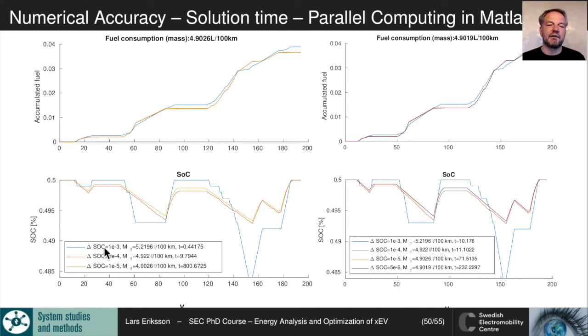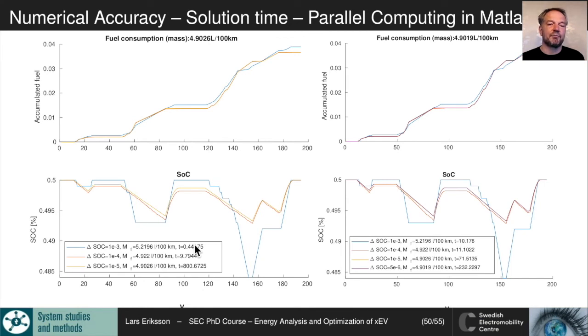So here we've had 1 per mil state of charge as the steps, and here we have 0.1 per mil state of charge changes in the discretization, and here 0.01 per mil changes. And when we increase the grid, we see here how we increase the time, and you will see that from the next slide.